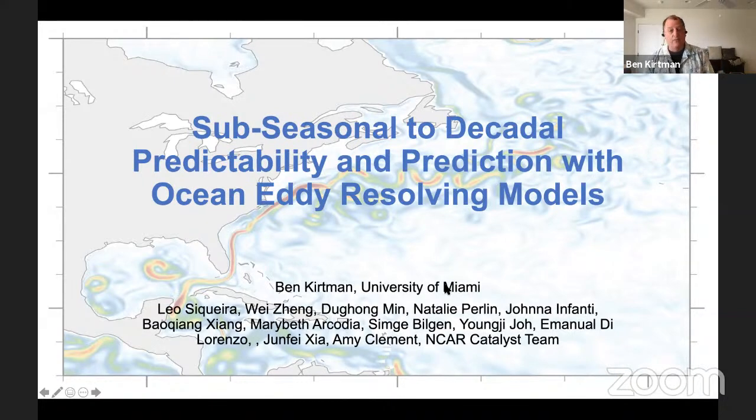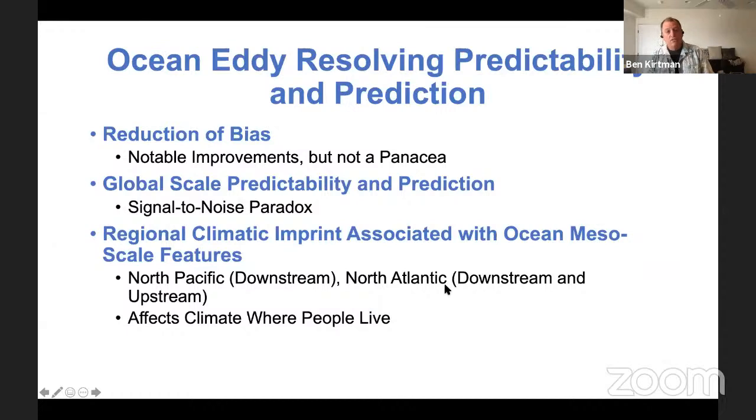So basically 3 parts that I want to talk about. The first part, of course, is a little bit about a reduction of bias, but there are notable improvements when you go to this eddy resolving scale, particularly in eddy-rich regions like the Western Boundary Currents, the Southern Ocean, things like that.